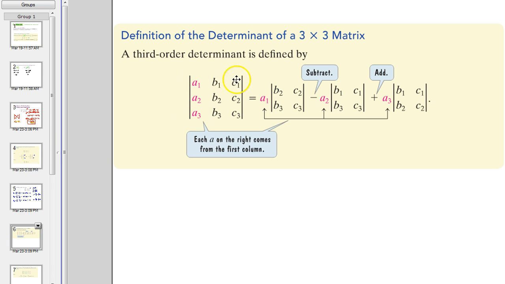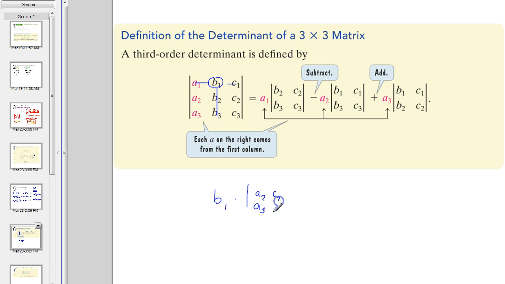You could also do this across the top. A lot of textbooks will have, instead of A1, A2, A3 going down, A1, B1, C1 across the top. And then you would do the same thing. If I was going across the top, I would eliminate this row and this column, and my matrix would be B1 times A2, A3, C2, C3.